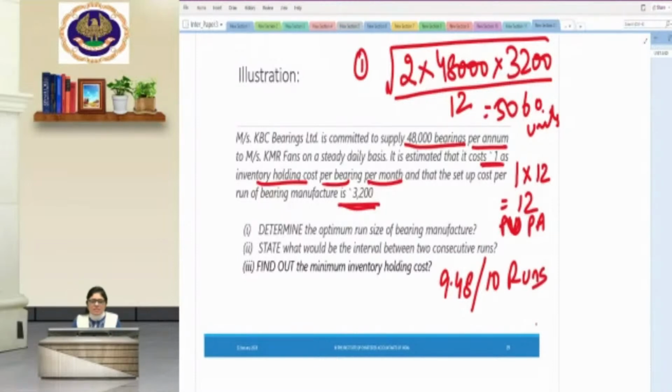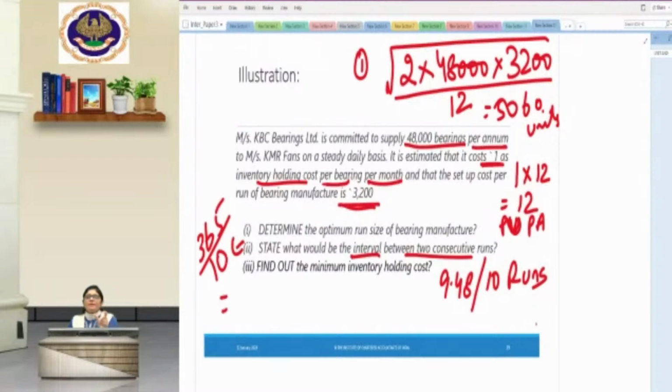Clear? State what will be the interval between two consecutive runs. If 10 runs are required, what is the interval between two runs? Here 10 batches will be required in the whole year. So you can divide 365, the number of days in a year, by 10 runs.